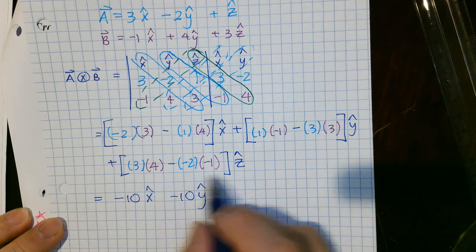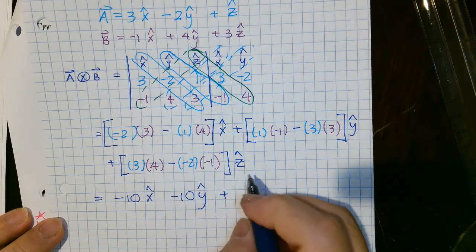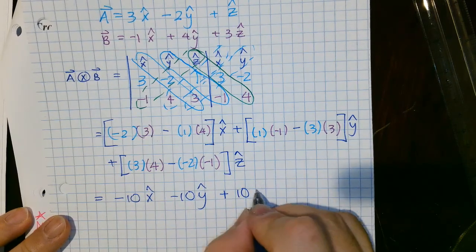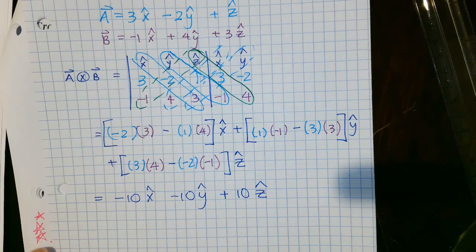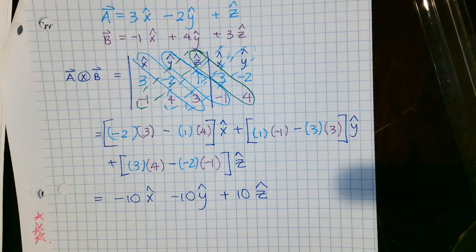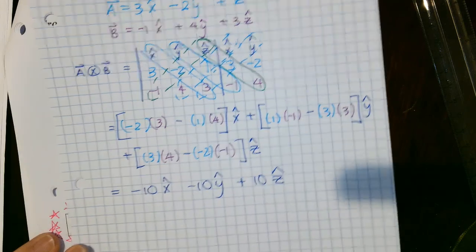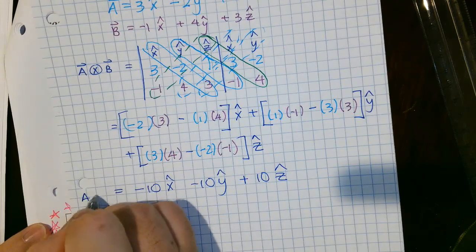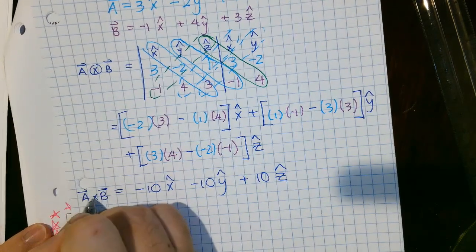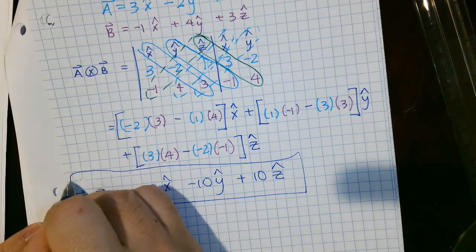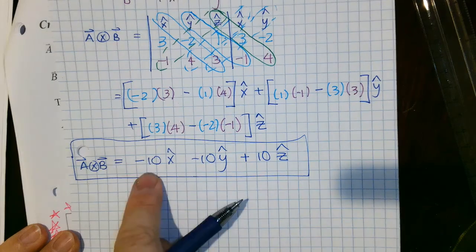So positive 10 z hat. All 10s? Check my math. Is that correct? I guess. I'm going to have to trust my math. So my A cross B is equal to that.